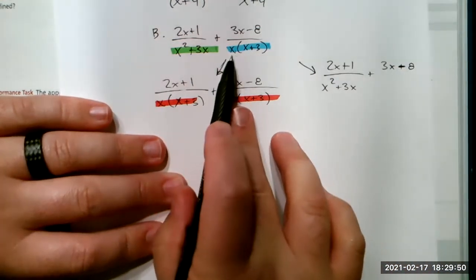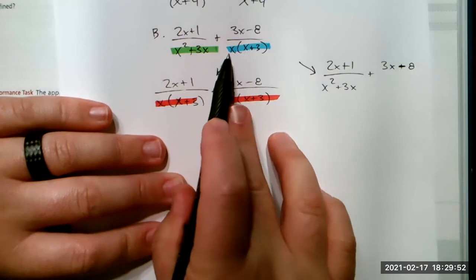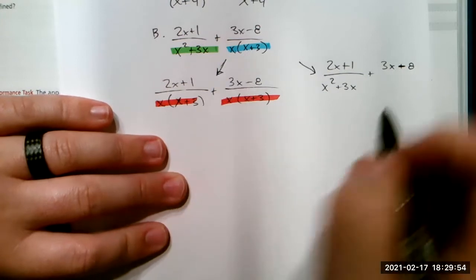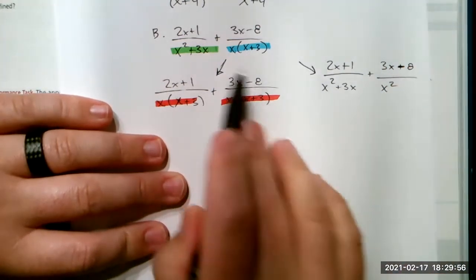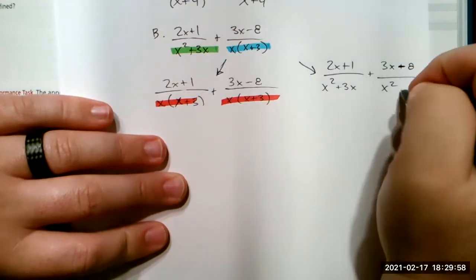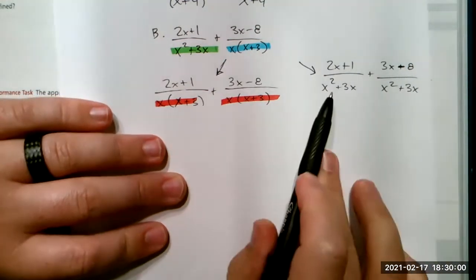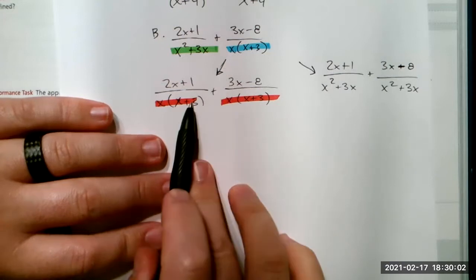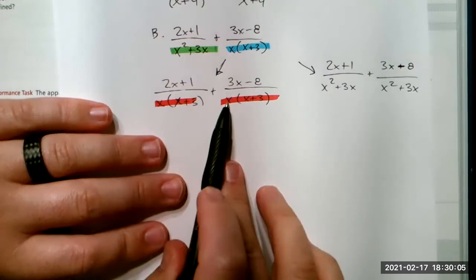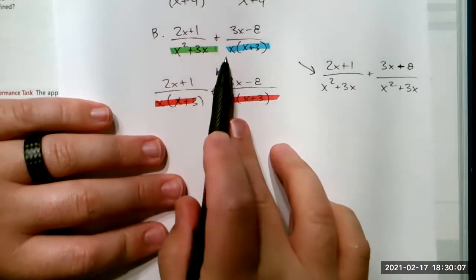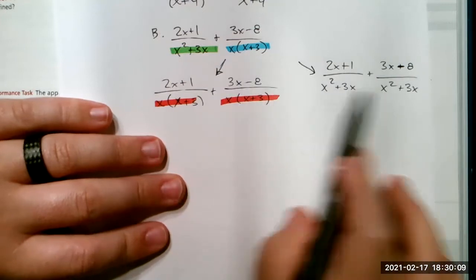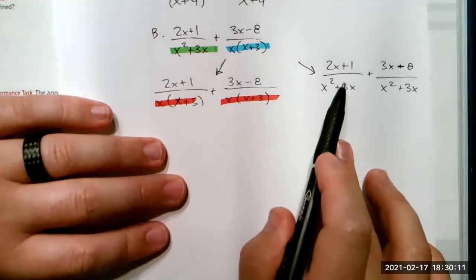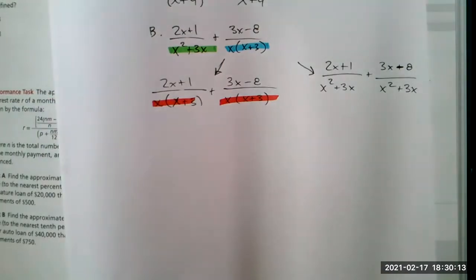And in this case, I'm going to go ahead and distribute that x. So x times x is x squared. X times 3 is 3x. And like I said, just like over here, when I factored them, I have common denominators. And then over here, when I distribute that x, I have common denominators as well. Either way you want to go, it doesn't matter. It's completely up to you.